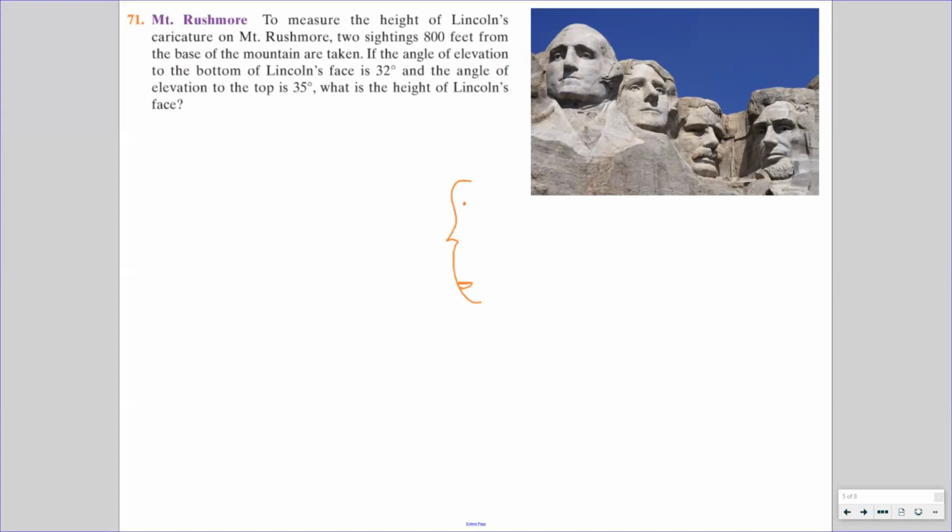And what we're told is we take 2 sightings 800 feet from the base of this mountain. So let's say we're sitting over here, and we are 800 feet away from the base of the mountain. And Lincoln's face is kind of up a little bit higher.